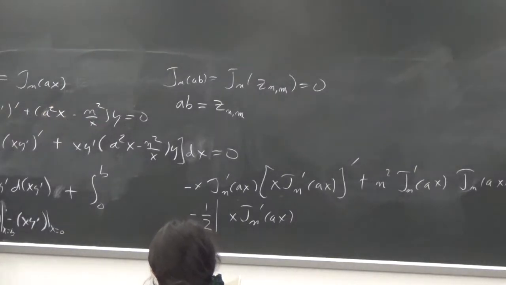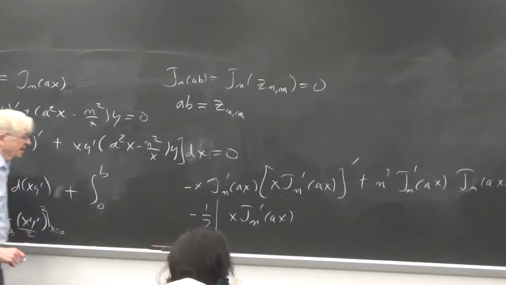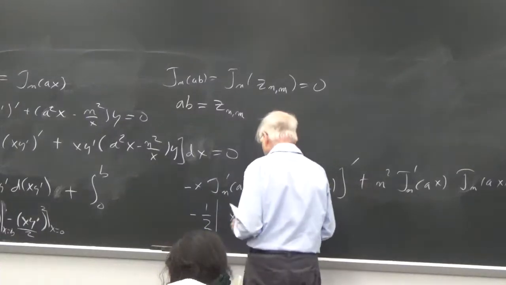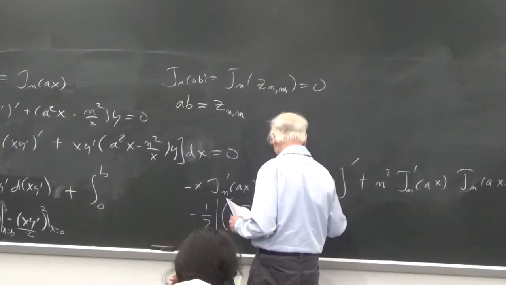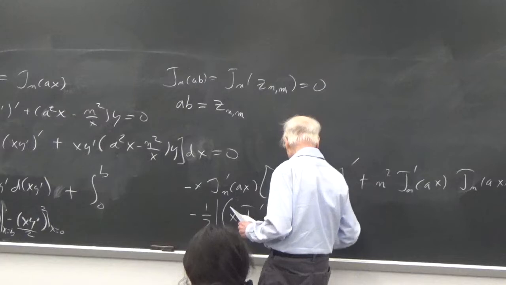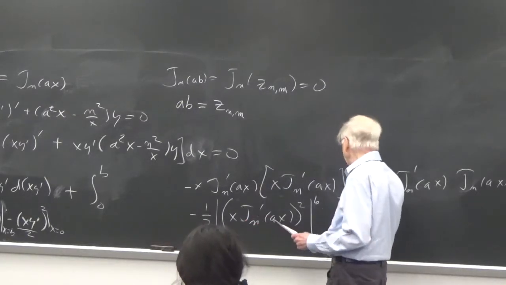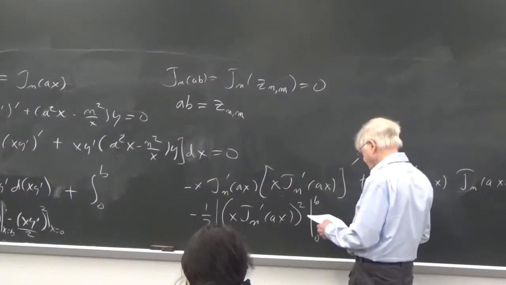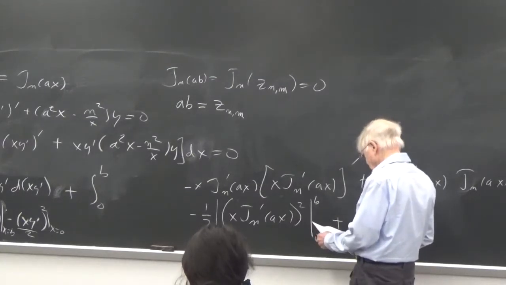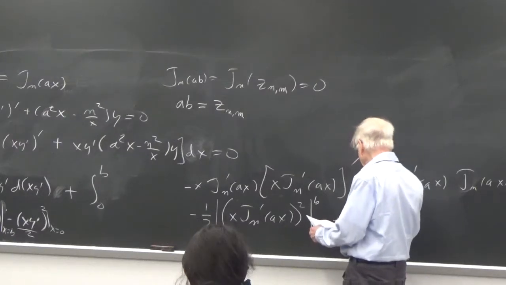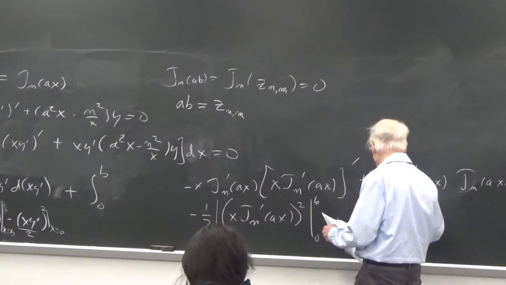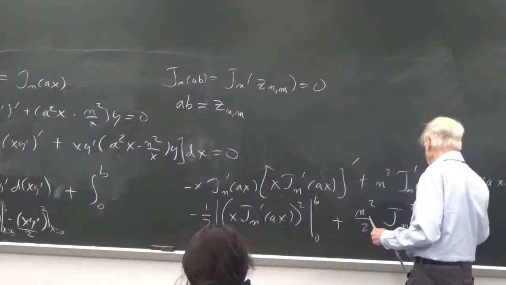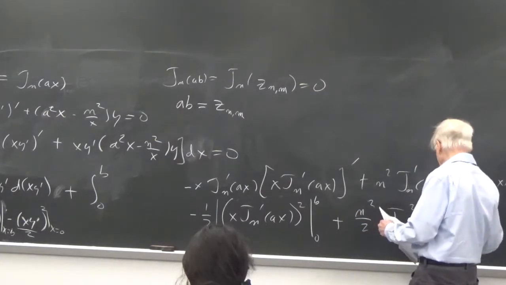When you do this integral, what you get is this squared over 2. And so what we have here is this quantity squared evaluated at b and 0. Then we also get n squared over 2, Jn squared of ax evaluated at 0 and b.